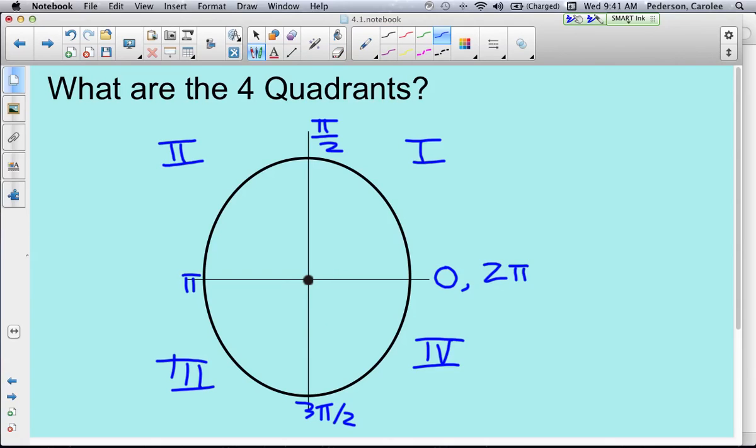And then if I went pi over 2, 2 pi over 2, 3 pi over 2, 4 pi over 2. Do you agree? Which reduces to 2 pi? Okay.